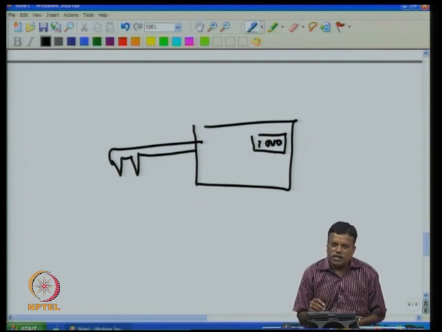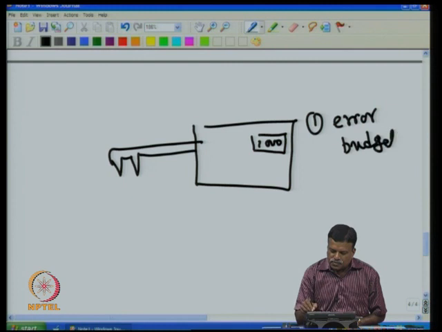What is the error involved? So one should know the error, or what we call error budgeting, because we have to learn how to do error budgeting. This is a very important aspect.